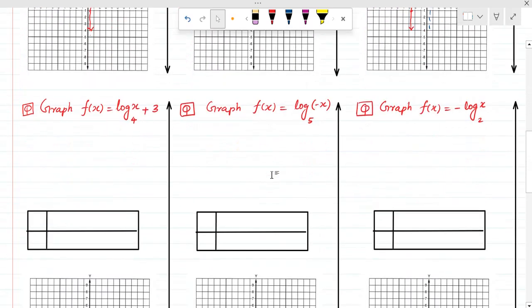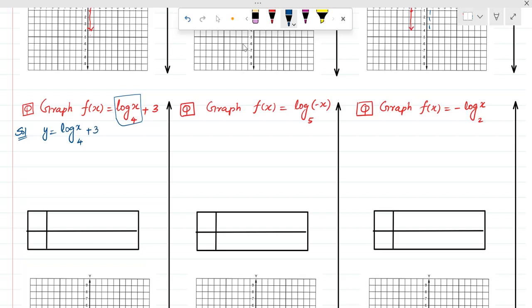Now the next one. What is the difference between the last problem and this problem? In this one, the plus 3 is separate from the function, not inside the log. So log x base 4 is one function, and then plus 3 is separate. How will you solve this type of problem? The given function is y equals log x base 4 plus 3.